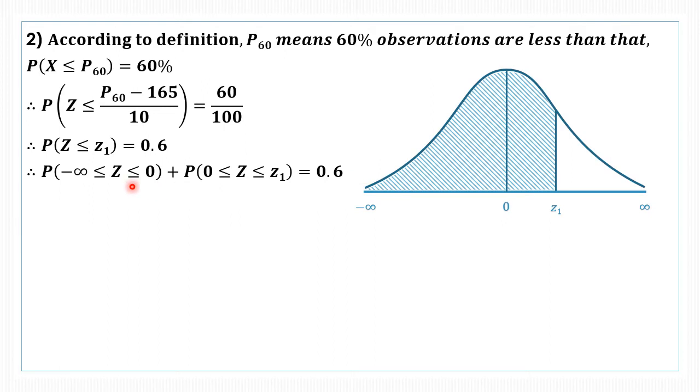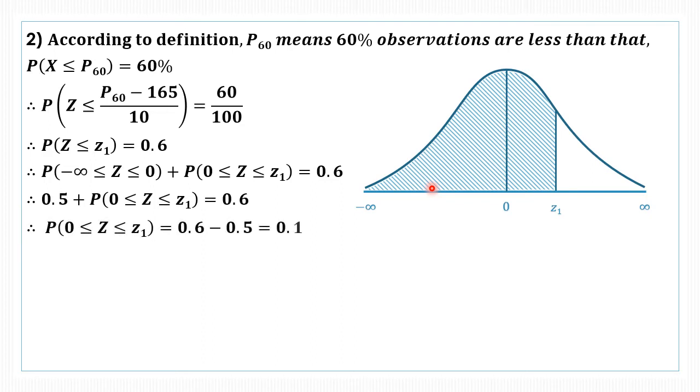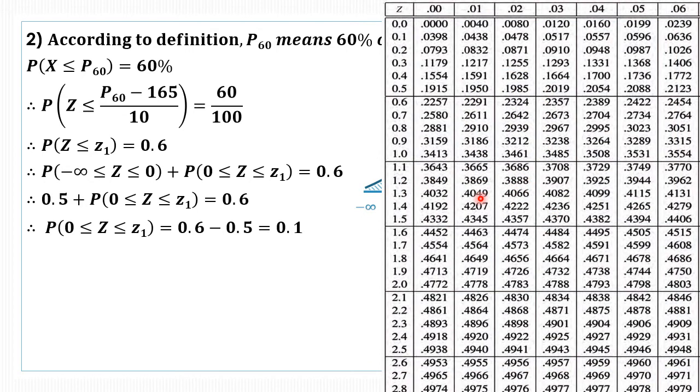Now negative infinity to 0 is 0.5, so that 0.5 I am going to subtract from 0.6 here, changing the side. 0.6 minus 0.5 is 0.1. So right now this area is 0.1, and I need to check the table inversely. For that purpose, I have to find 0.1 here, just 0.1. Starting here it is 0.00, it is more than 0.1.